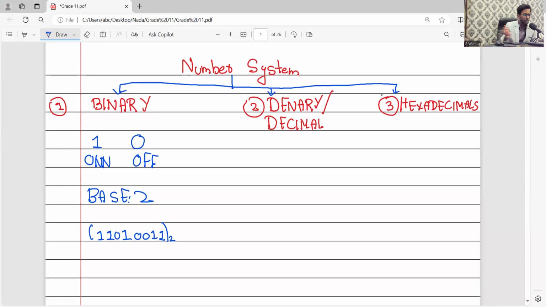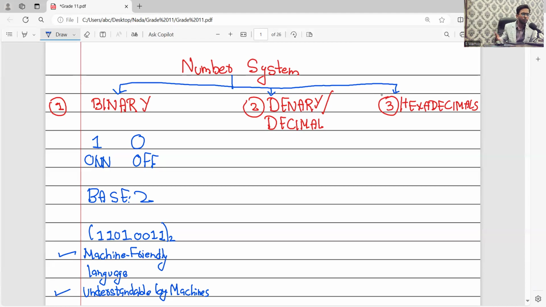A binary is basically a machine friendly language, right? It is a machine friendly language, and I can say that it is only understandable by machines as well, or you can even say circuits, because binary is based on circuits.